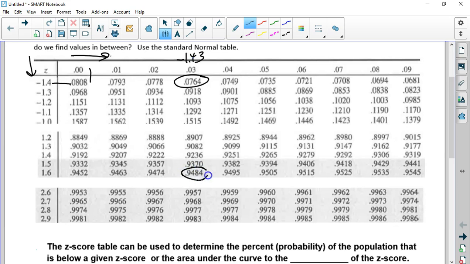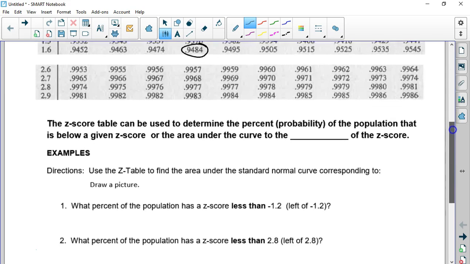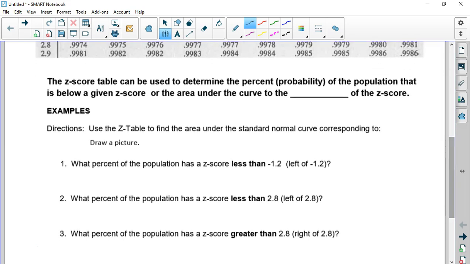This would be the number for -1.63, -1.26, and so forth. Okay? So the z-score table can be used to determine the percent or probability of the population that is below a given z-score, or the area under the curve that is to the left of the z-score. All right? Always to the left.